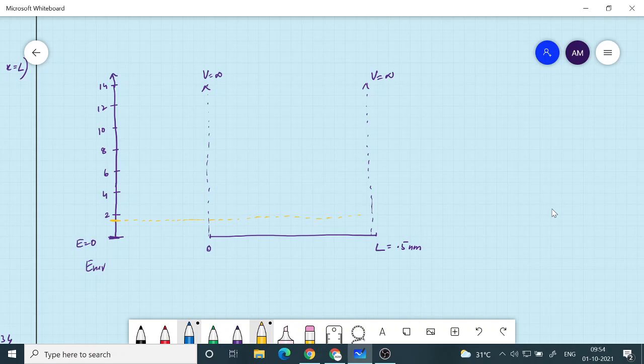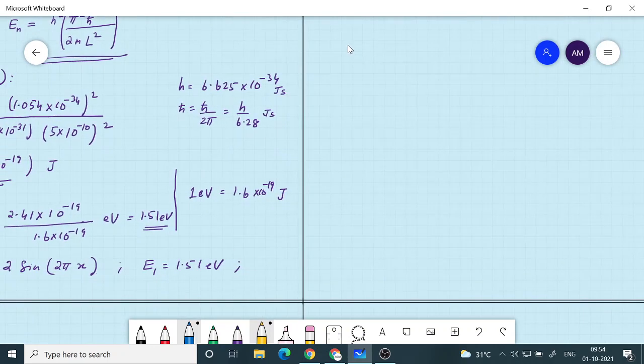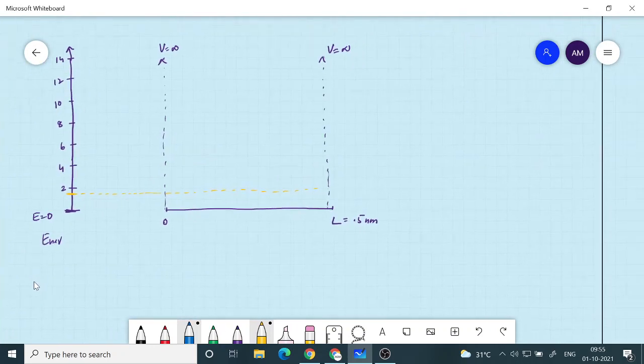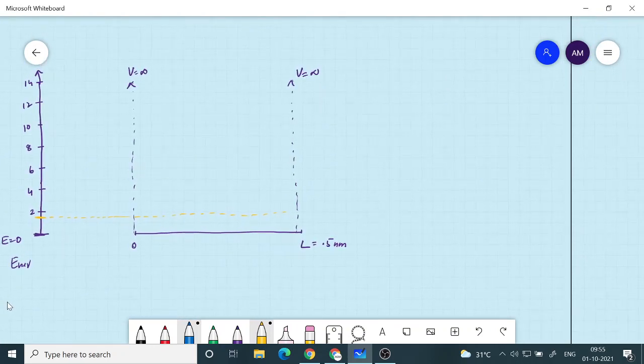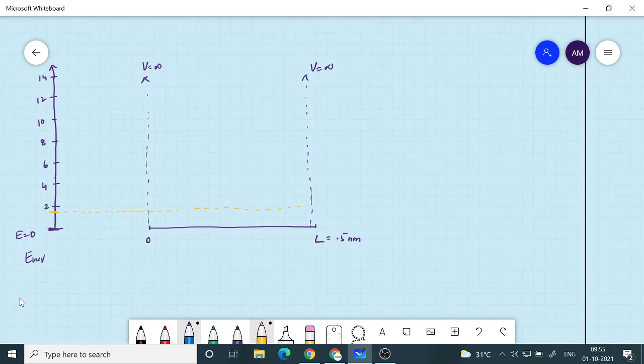And the wave function, if I show it with respect to x, our expression is basically 2 into sine 2 pi x.